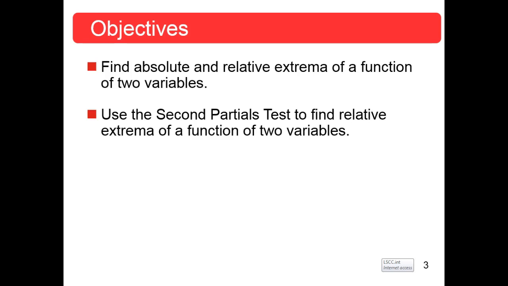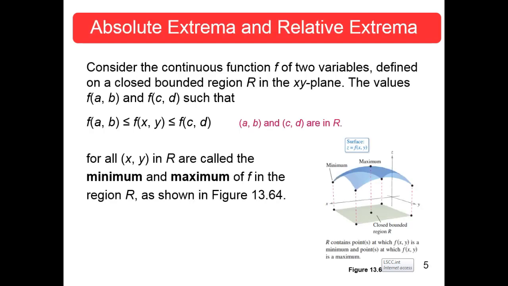Use the second partials test to find relative extrema of a function of two variables, just like we did the second derivative test in functions of one variable. So let's look at absolute extrema and relative extrema, just like we did absolute max and min extrema and relative extrema in two-dimensional single variable calculus.